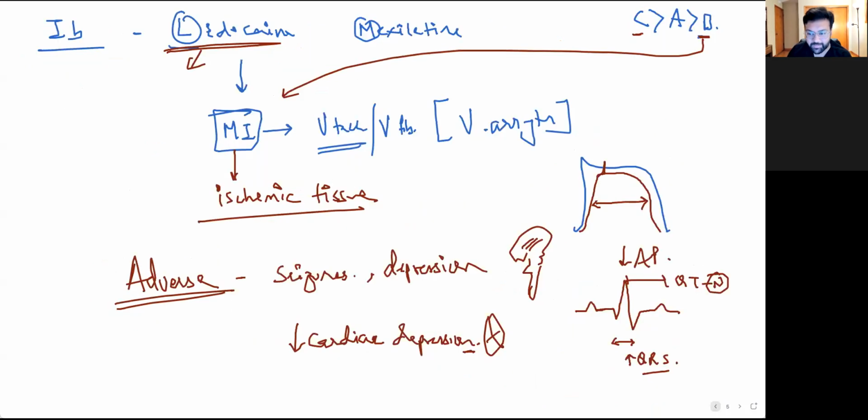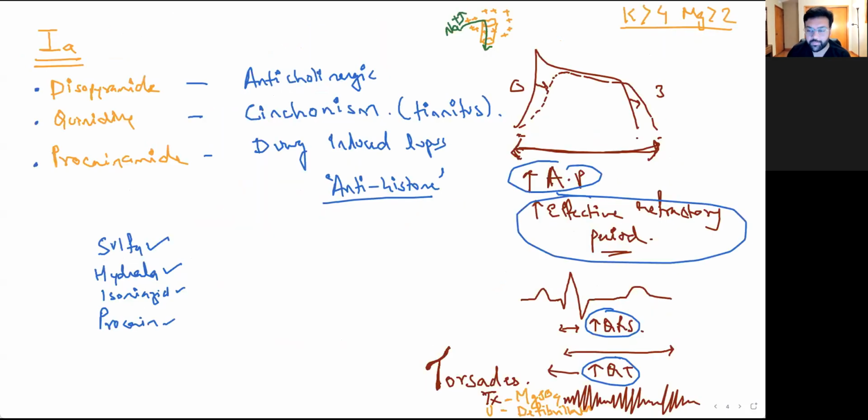No. Okay. Now, you must be knowing Wolff-Parkinson-White syndrome, right? In Wolff-Parkinson-White syndrome, the problem is that you have an accessory bundle, and that's called the bundle of Kent.